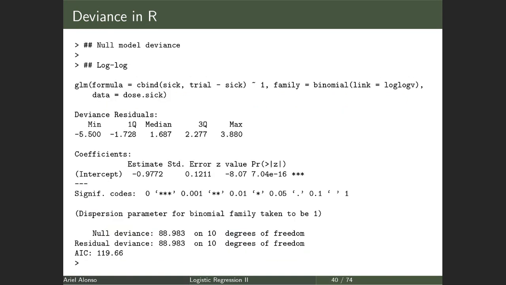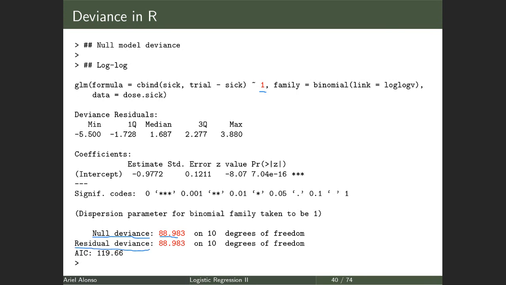And then just to show you what we were saying before, I told you that the null deviance is the likelihood ratio test comparing the null model, the model that only has an intercept, with the saturated model. If you fit the model that only has an intercept, like here, then what is the null deviance? Well, the null deviance is always the same. When you compare the model that has only an intercept with the saturated model, you get 88.98. And what is the residual deviance?